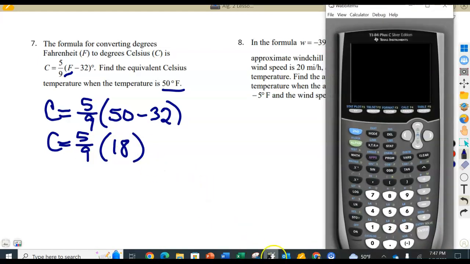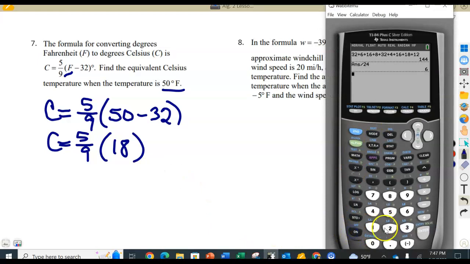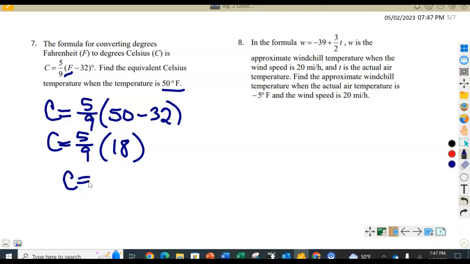Let's take our calculator and figure out what is 18 times 5/9. So 5/9 times 18 is 10. So 50 degrees Fahrenheit is 10 degrees Celsius.